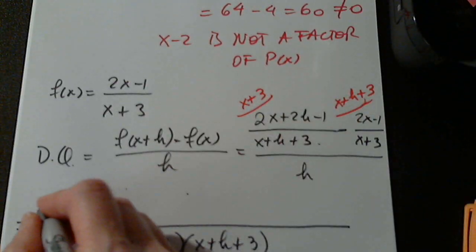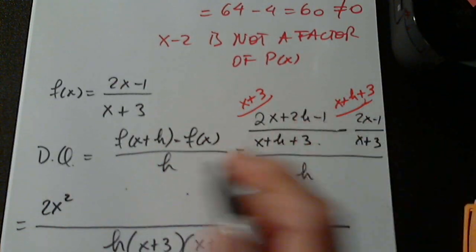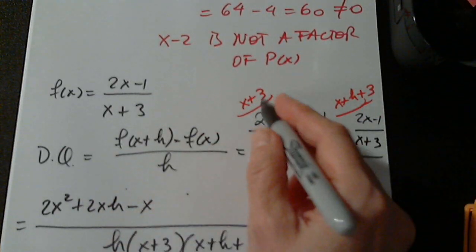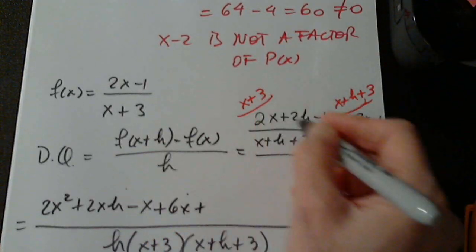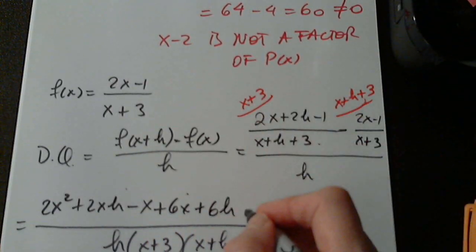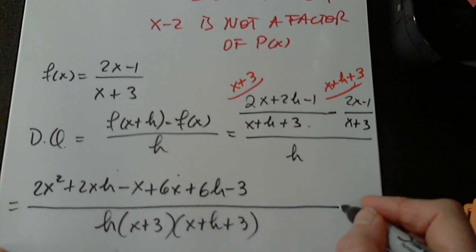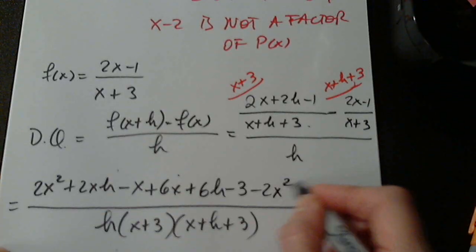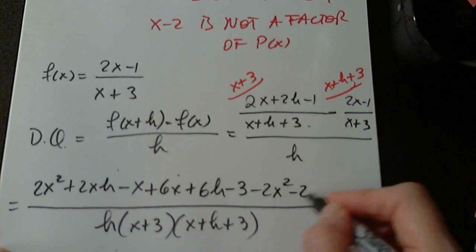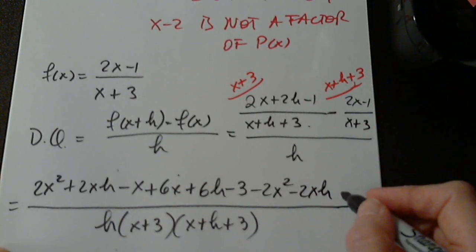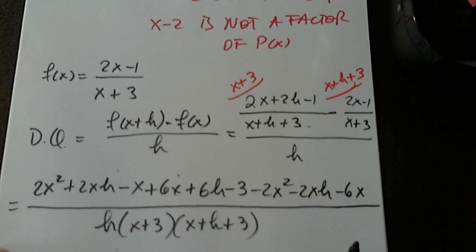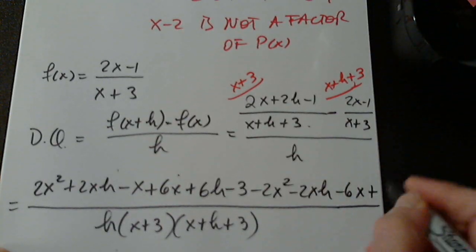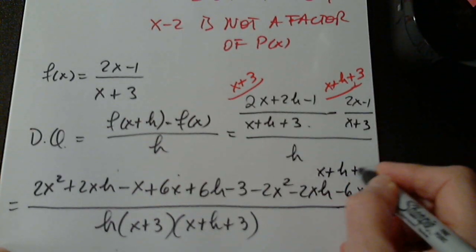We distribute x: 2x squared plus 2xh minus x plus 6x plus 6h minus 3. Watch me write it out. Negative 2x times x, negative 2x times h, negative 2x times 3. Negative times negative 1 is positive 1, so plus x plus h plus 3.